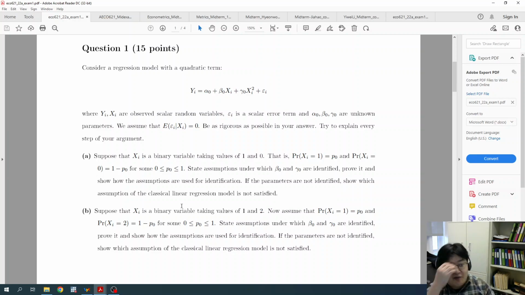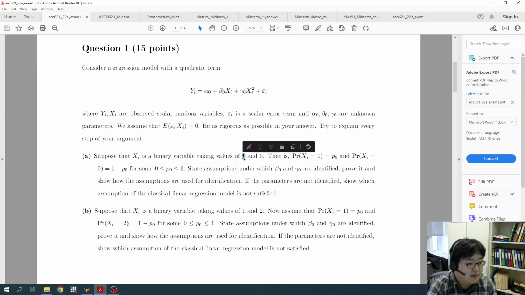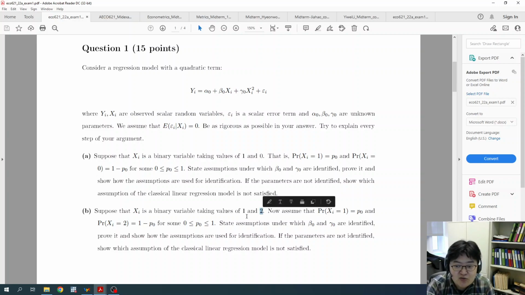Just intuitively, think about a survey. For example, it's a yes or no question. Say, are you employed now? Yes or no? Then, say in data A, yes is 0 and no is 1. That is data A. And in data B, yes is 2, no is 1.